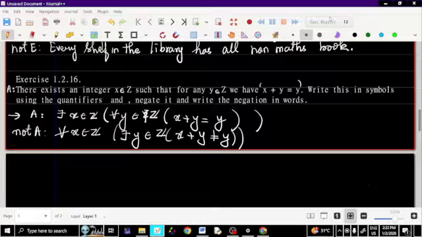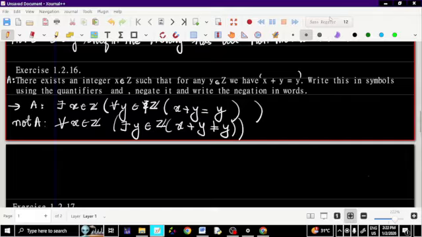Okay. So for all x in Z, there exists an integer y for which x plus y is not equal to 1. So what will be the negation in plain English?